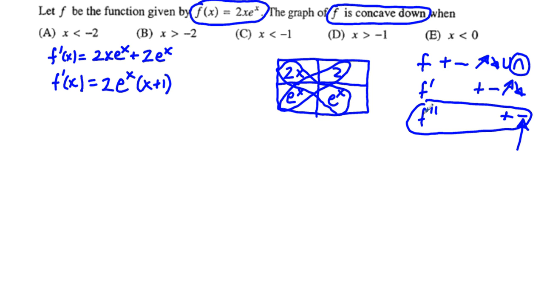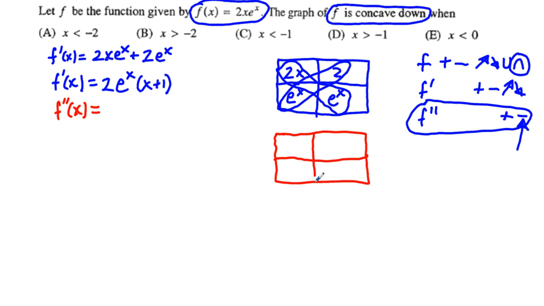But we're going to look for our second derivative, as we have in this chart here. And to do this, I'm going to change our color code here. We're going to go to f double prime of x is equal to, now we're going to do the product of these two functions here. I'm going to make our little convenient box at the right. So we have 2e to the x. And what is the first derivative of 2e to the x?